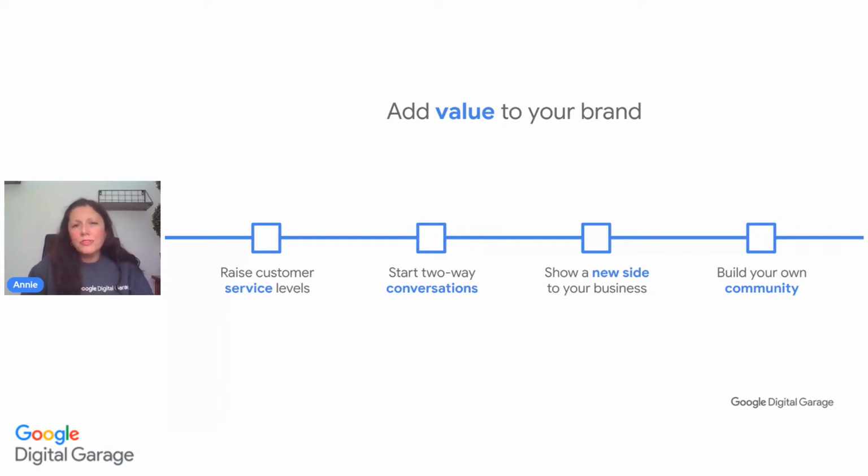There's also an important thing to consider when we're looking at value for our brand, and that is how we can show a new side to our business. So there's lots of little touches we can do to share our human side with the business. And we are humans connecting with humans. So whether it's sharing our day and how we grew the business and being really open about it, whether it's the first time we wrap up that first sale, that first product that we're selling, and we're posting it out and we're showing them how much tender, loving care and attention has gone into it, or whether it's talking about how we started our business in a caravan, we came from nothing and we grew and we grew.